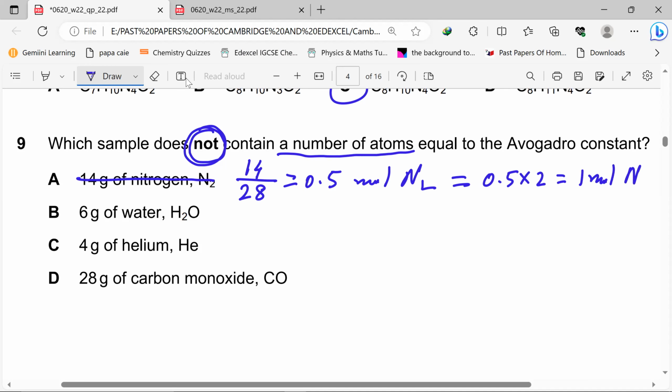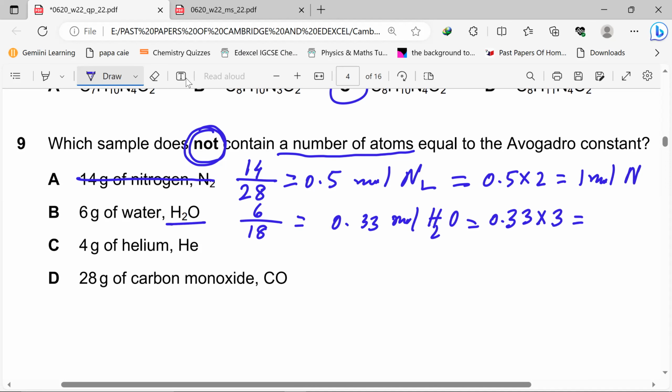6 gram water. So 6 divided by 18, the RFM of water, which is 1/3 or 0.33. It's 0.33 mole of H2O, which is 0.33 times... We have 3 atoms in 1 water.